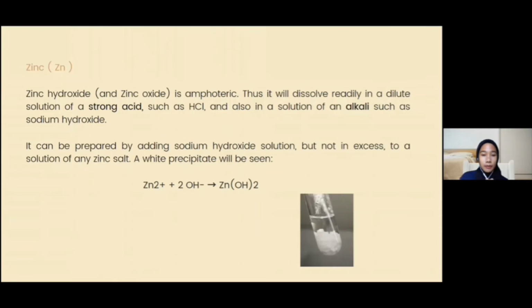It can be prepared by adding sodium hydroxide solution, but not in excess, to a solution of any zinc salt, and a white precipitate will be seen. Here is the chemical equation for zinc 2 hydroxide: zinc 2 ions react with 2 hydroxide ions to form zinc hydroxide. I think that's all from me.